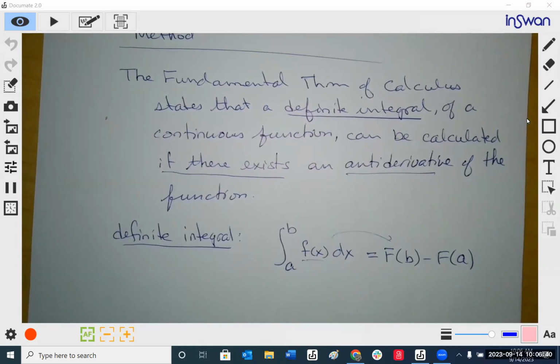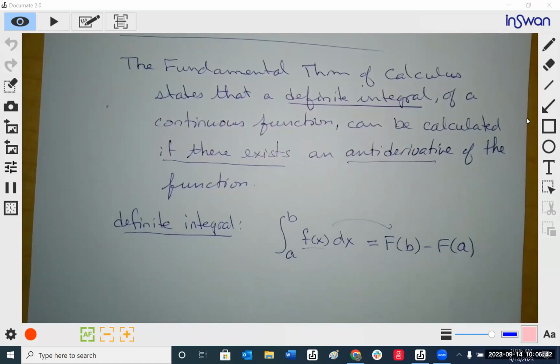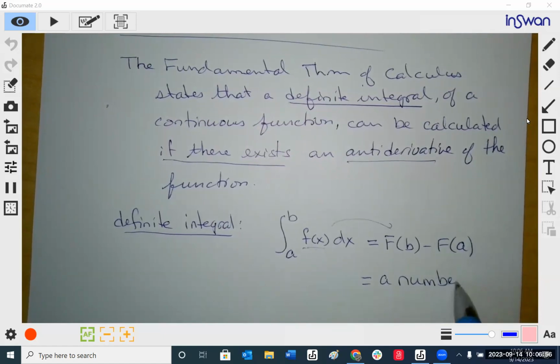Why is it called definite integral? Yeah, because it's bounded. The end result's going to be a what? Yeah, a number of some sort.